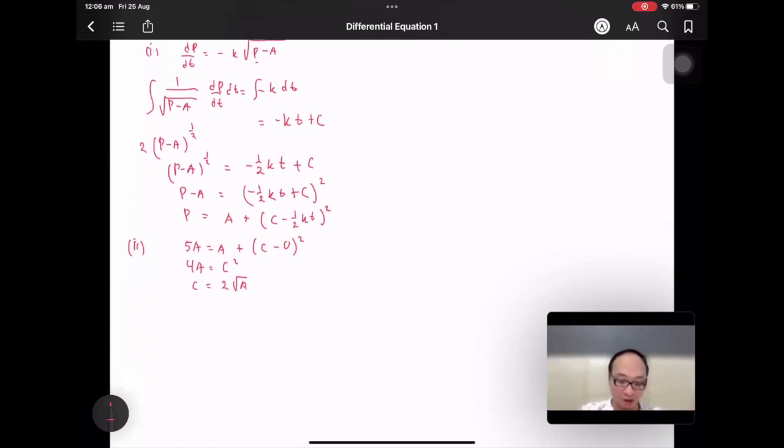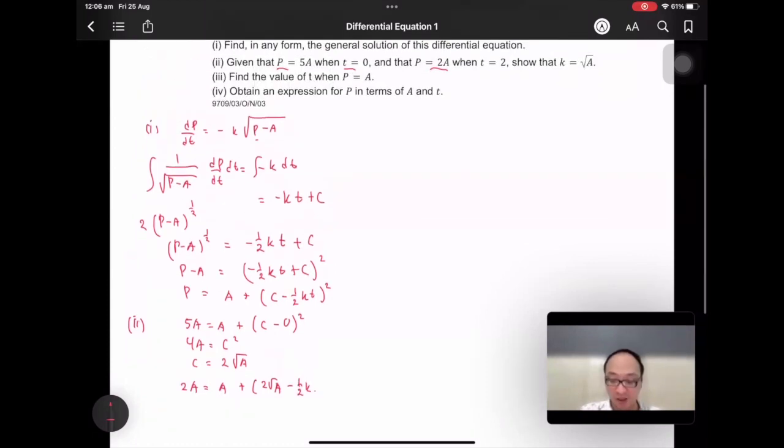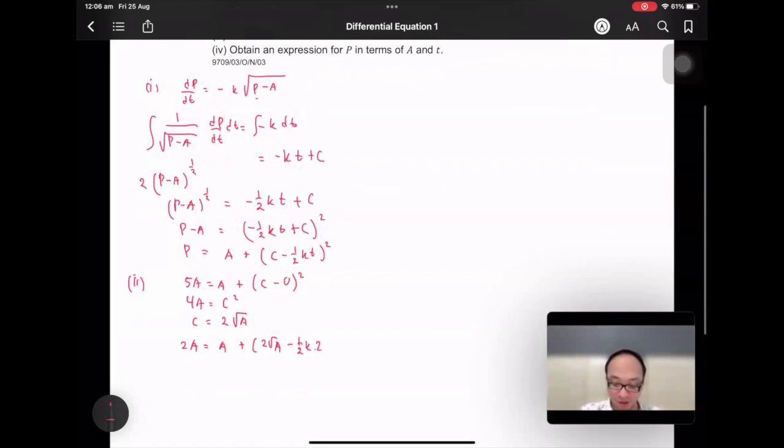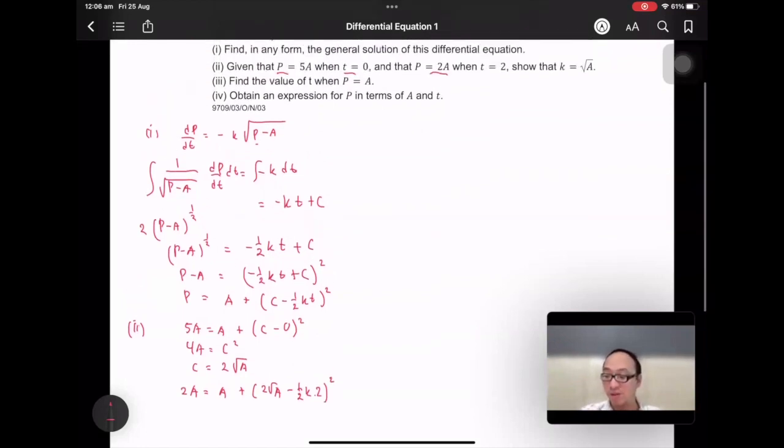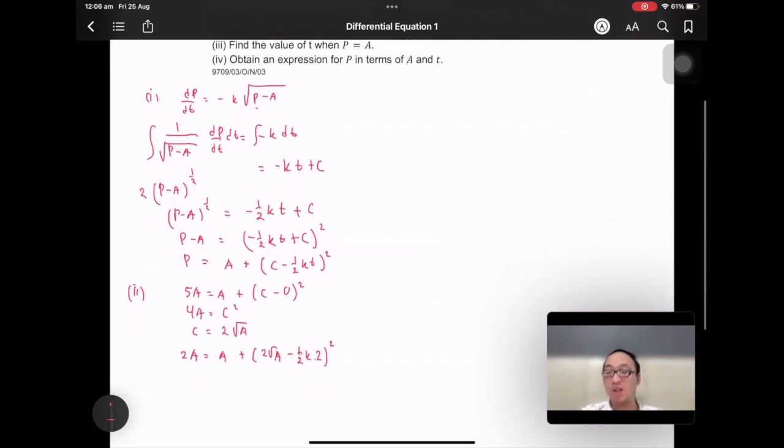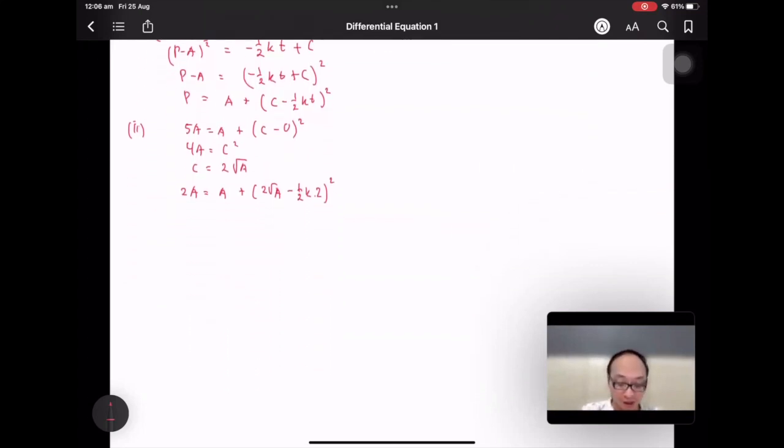So I can replace again. It's 2A equals A plus (2 square root of A minus half k times t) squared, where t is 2. So we can show that k equals square root of A. So this is A equals (2 square root of A minus k) squared.